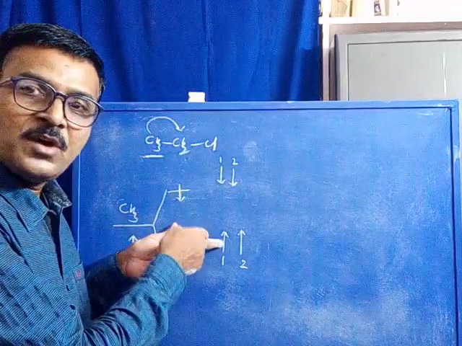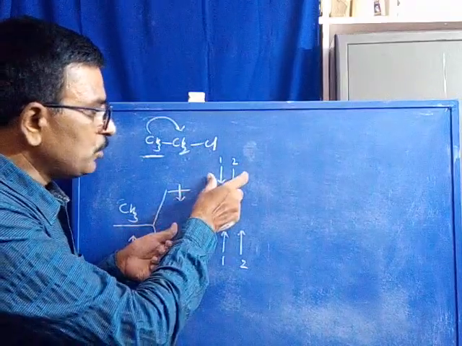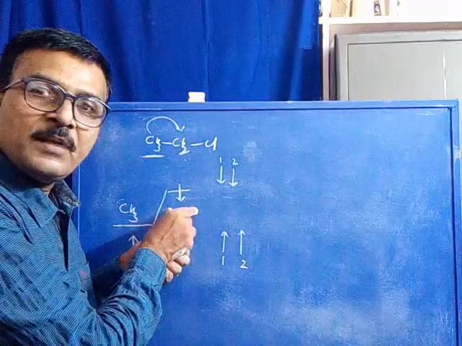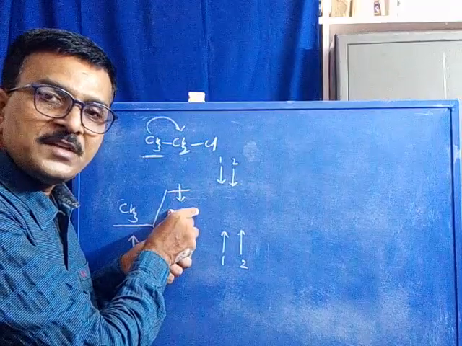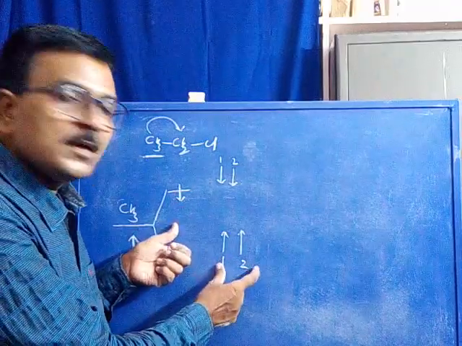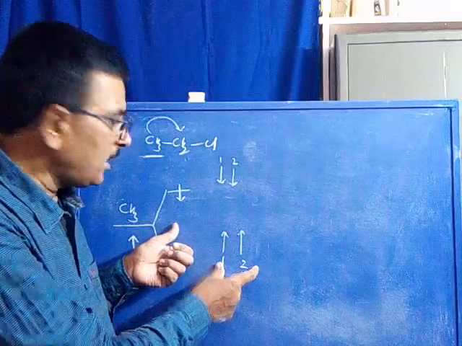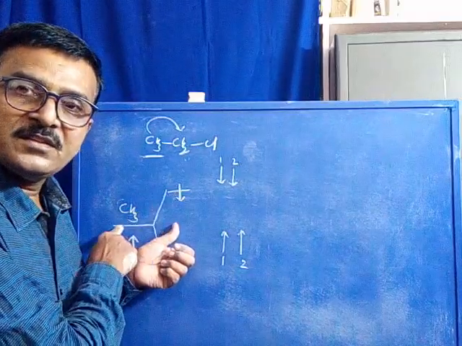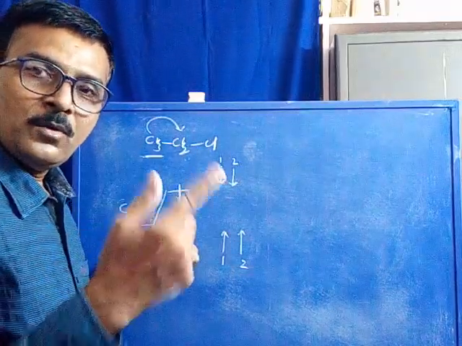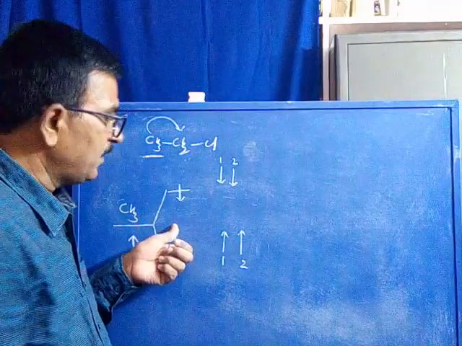These two are the same, these two are different, opposite. So the two protons of CH2 may be oriented parallel with respect to this orientation of CH3, or the two protons are oriented anti-parallel with respect to this orientation of CH3. Is it clear?